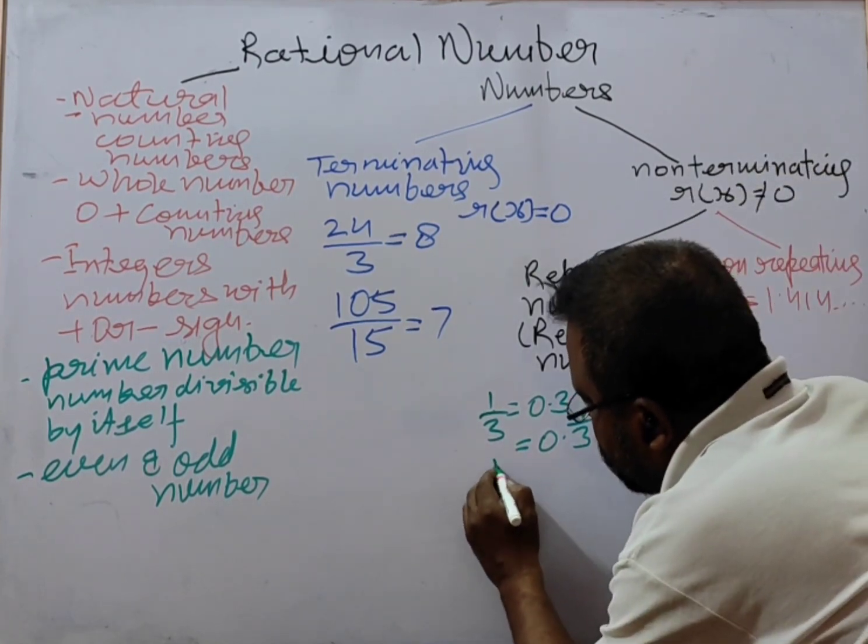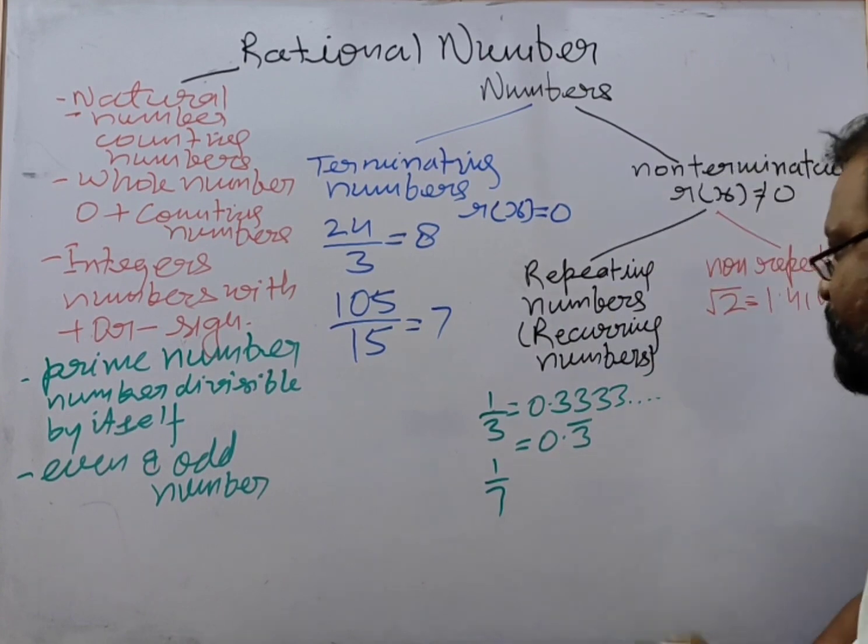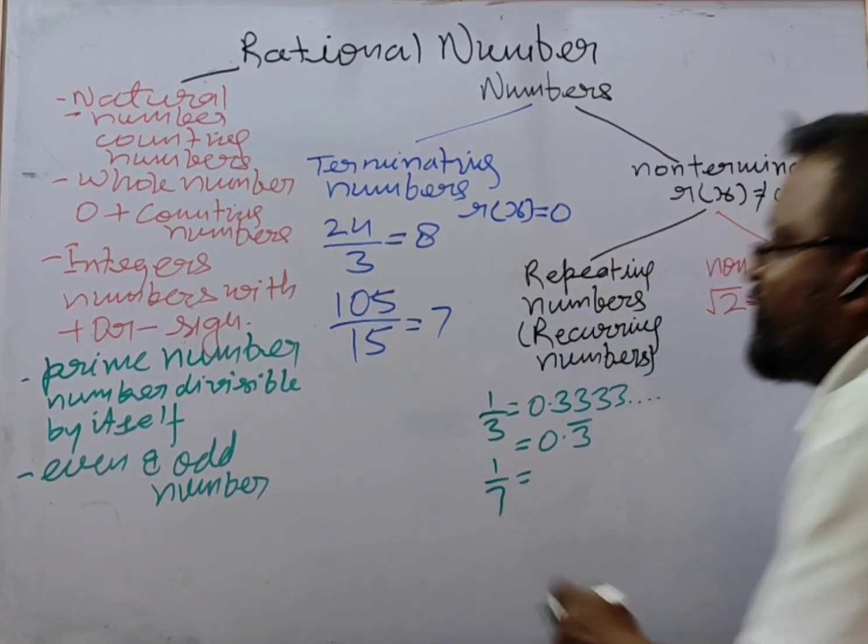If I say to divide 1 upon 7, how much do you get?